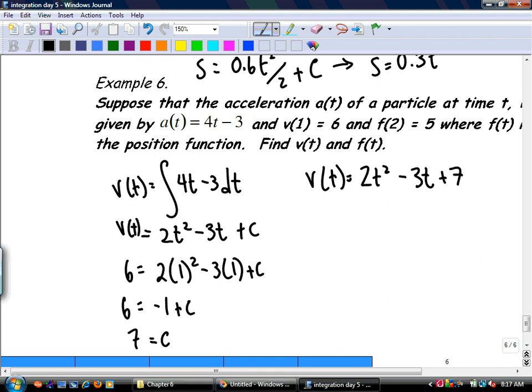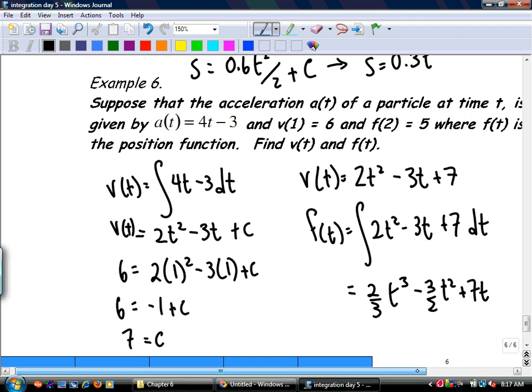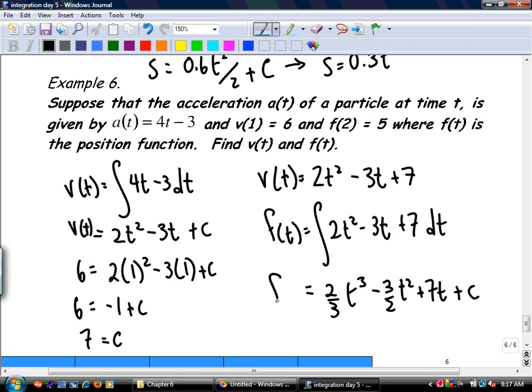You take the antiderivative. 2/3 t cubed minus 3/2 t squared plus 7t plus c. Put in 2 for t, 5 in for f of t, and solve. Dun dun dun.